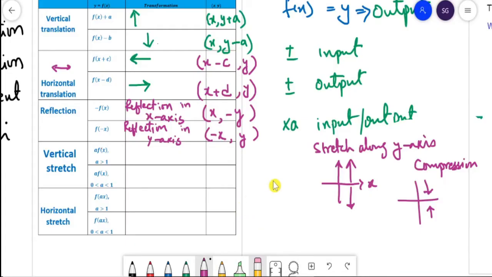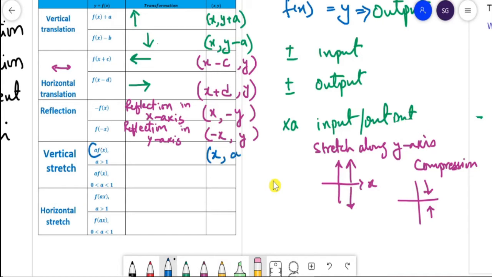So if we sum it up here, the x coordinate remains the same and your new y value is being multiplied by the stretch factor. So the x value remains as it is and the y value is being multiplied by this number a.